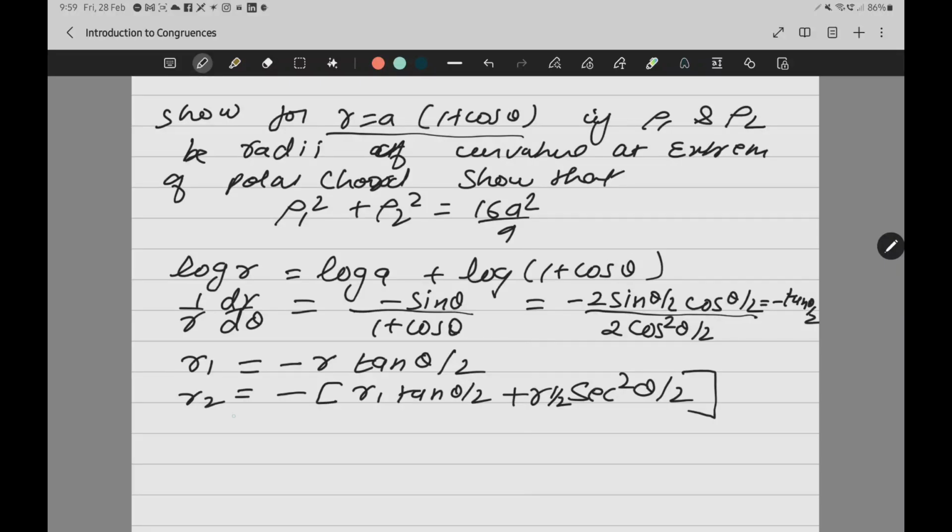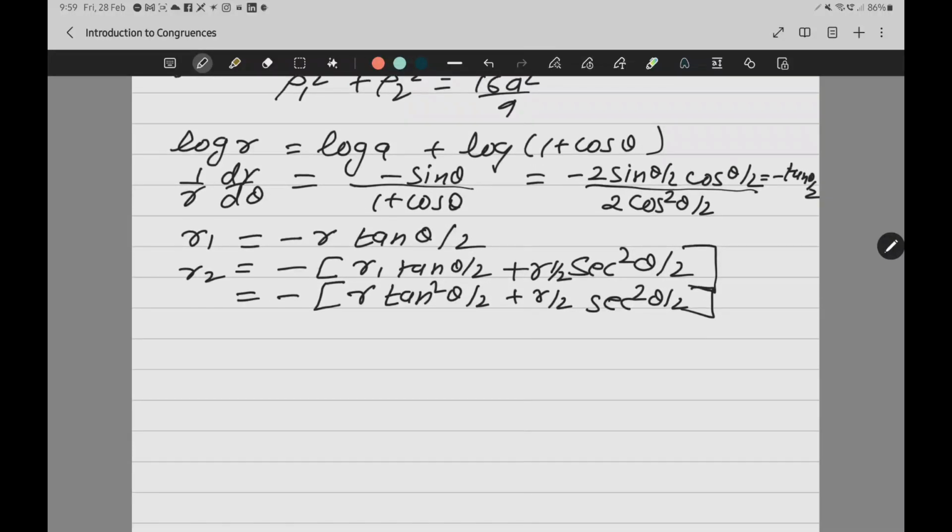Now, as I did in the previous question, minus R1 I will replace. R1 is what? R tan theta by 2. So it will become R tan square theta by 2 plus R by 2 secant square theta by 2. Right? Now go back to the formula.